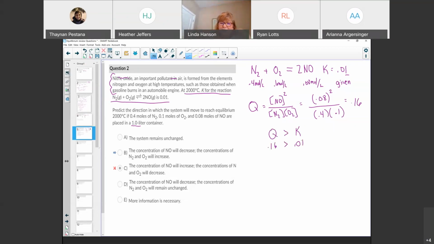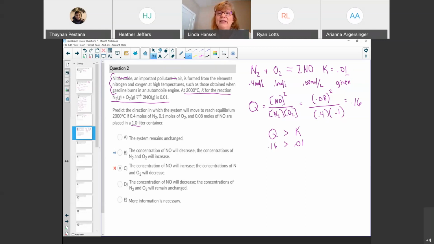So that's great information about telling us what we need to do to that number to get it smaller, right? Q is too big. If Q is too big, what direction is going to make it go into a smaller number?